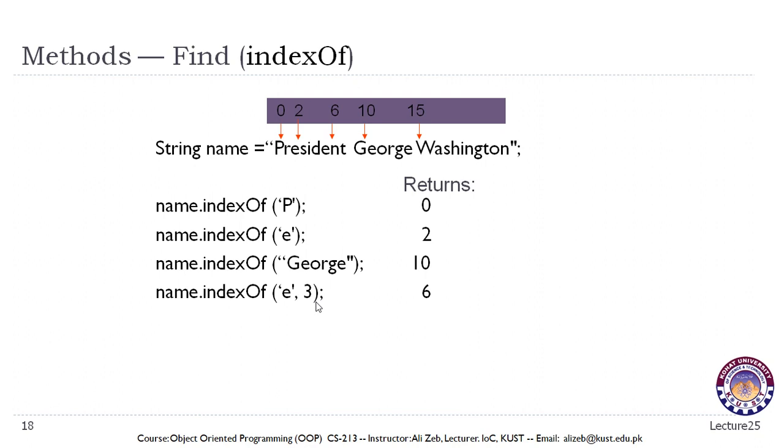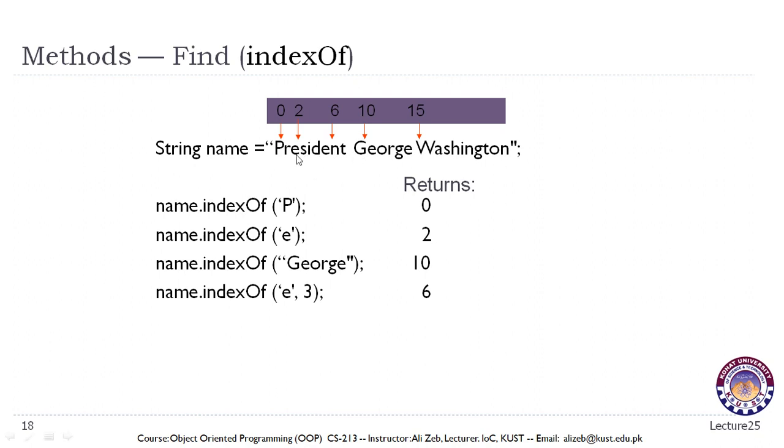So you want to say, return me the position of E from this string starting from position 3. So it will ignore the first three characters 0, 1, 2, and it will start with the third one, and it will keep going until it reaches a point where it can find an E. So it will return a 6 to me.